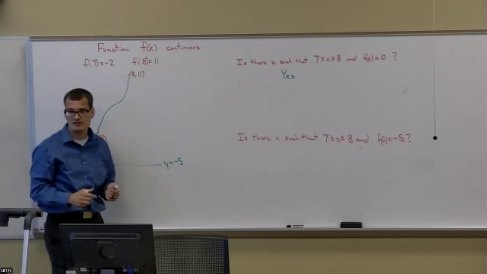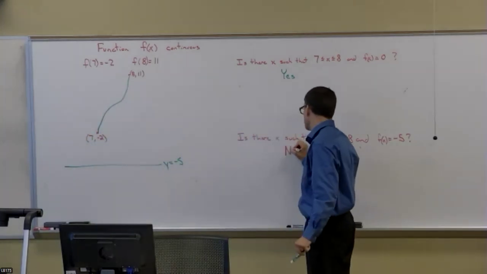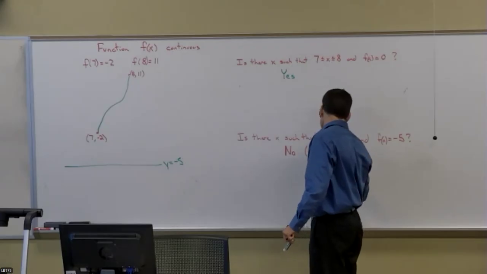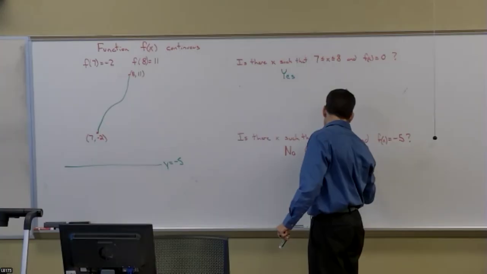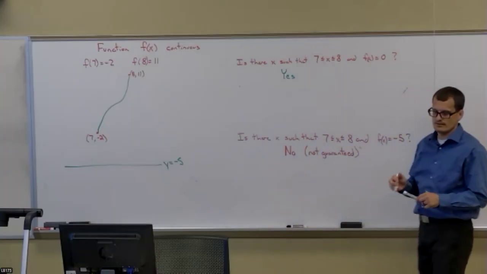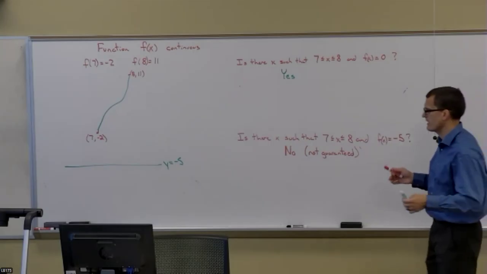Are you okay with that? So the second one is a no. It's not guaranteed. It could happen, but it's not guaranteed to happen by the intermediate value theorem. Are you okay with that? Could happen, but not guaranteed.